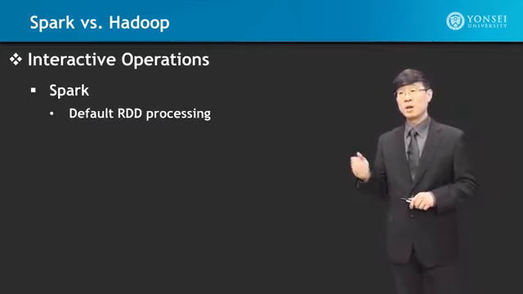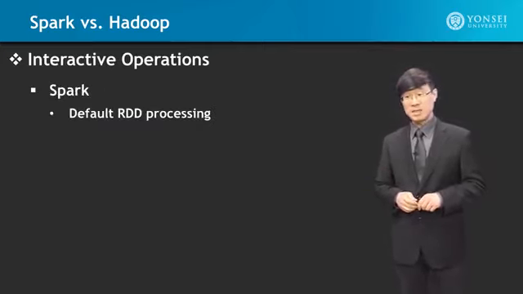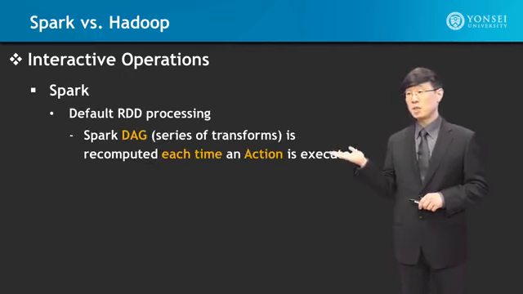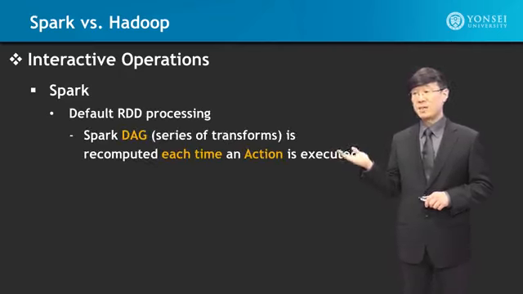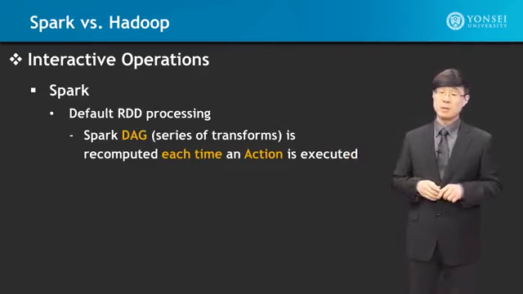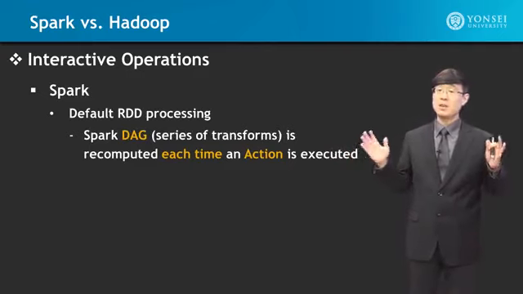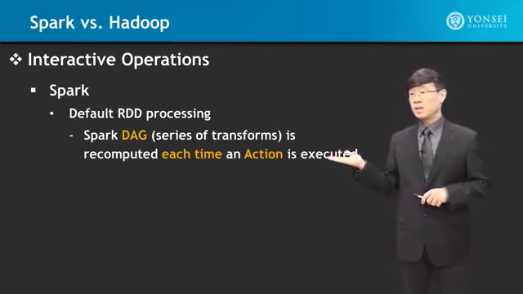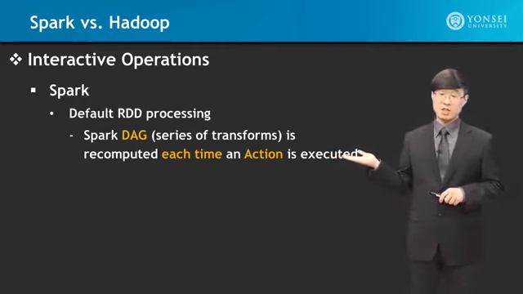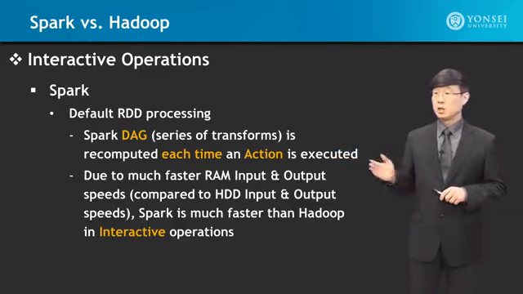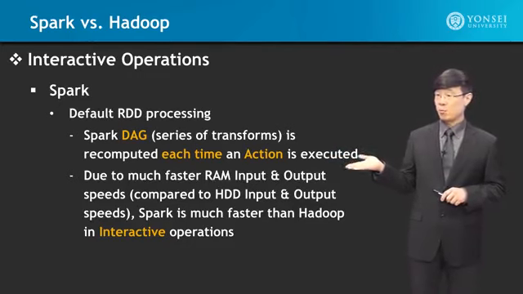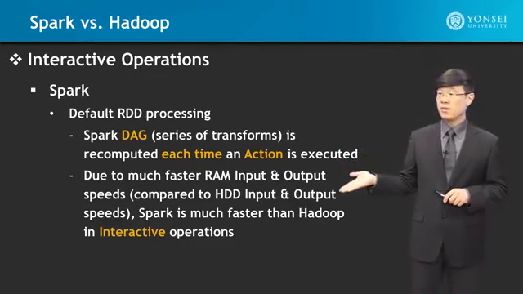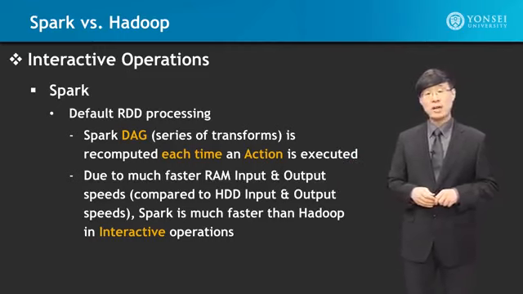In Spark, we have a default RDD processing capability, which uses a Spark DAG. This is a series of transformations that are set up and then executed together in an optimal way. These are recomputed each time an action is executed. Due to much faster RAM input-output speeds, Spark is much faster than Hadoop in interactive operations.